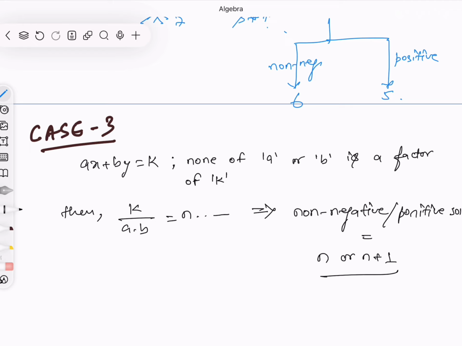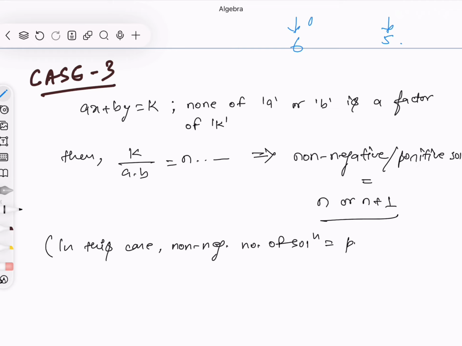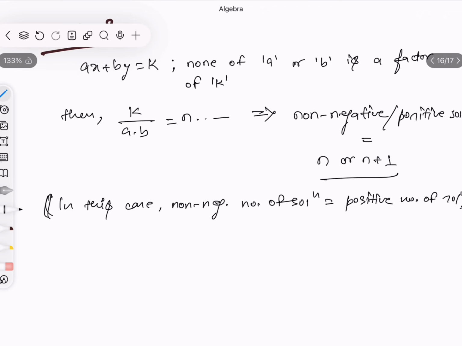You could also see that in this case, the non-negative number of solutions is equal to the positive number of solutions. So they are not different. It could be either. Let me show you a question.